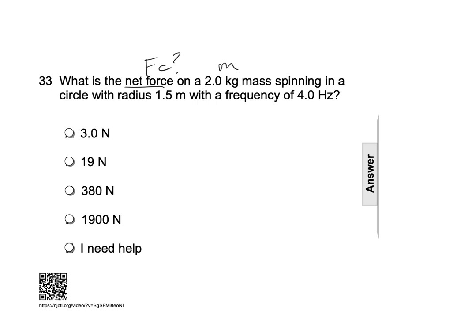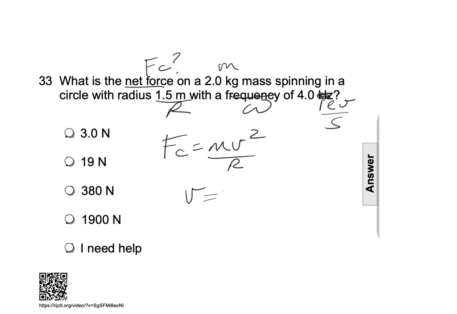There's the mass. There's the radius, but they give me the frequency. So that's the angular speed in revs per second. You can change angular speed to period like we did before. They did not give me the velocity, so I'm going to have to do all this from the angular speed.